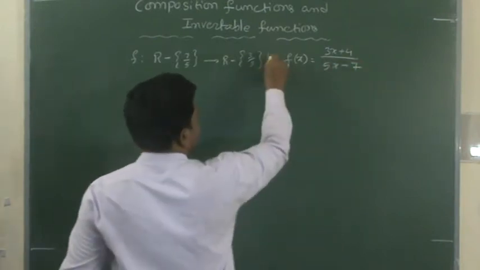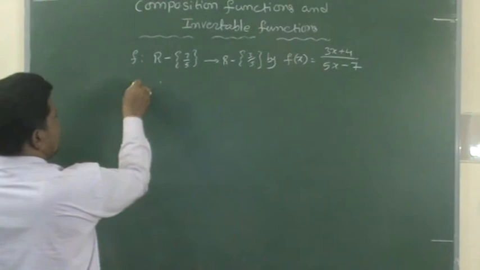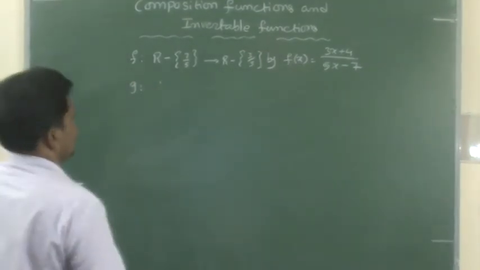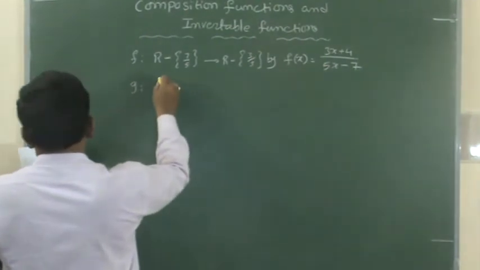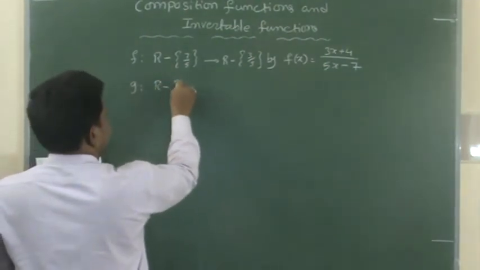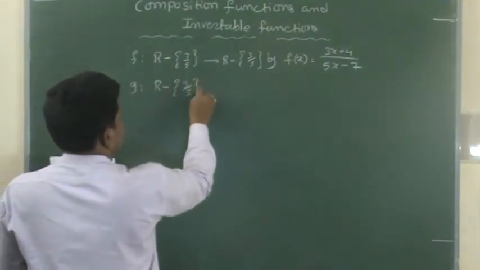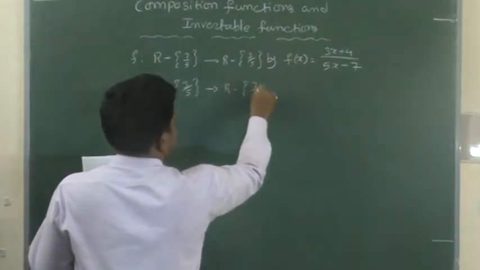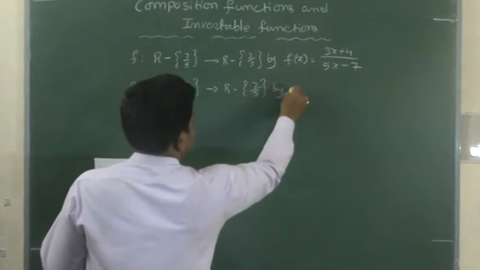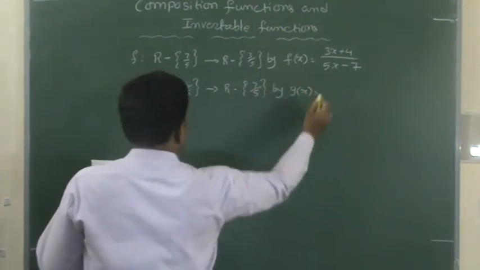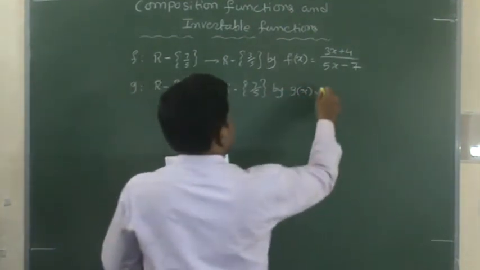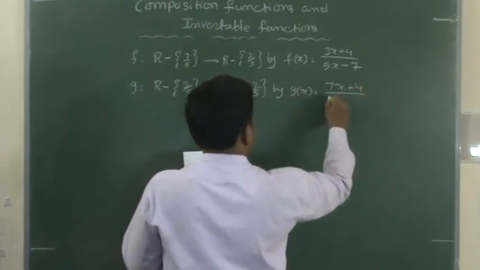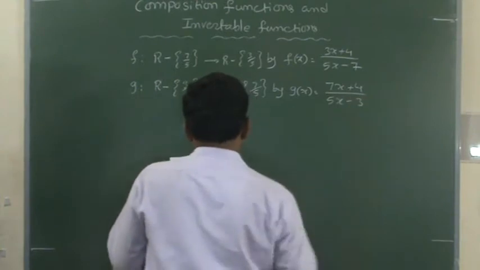This is the definition, right? In the same manner, there is a definition for g also. The function g is a mapping from the reverse pair, defined by g of x equal to 7x plus 4 by 5x minus 3.